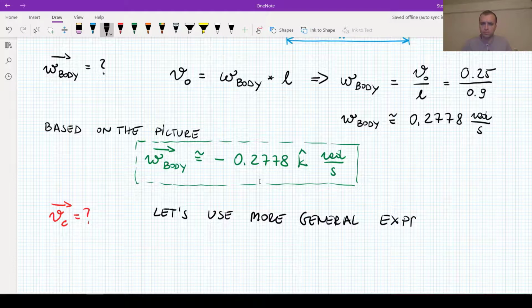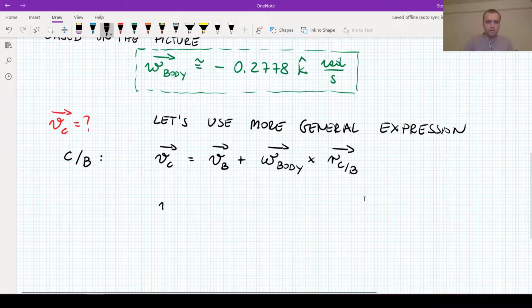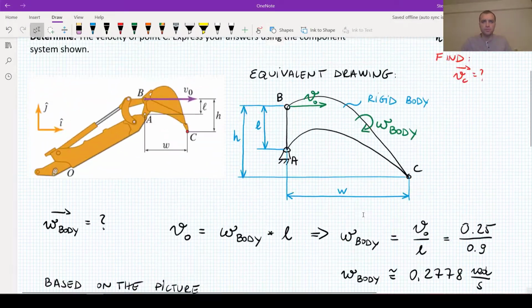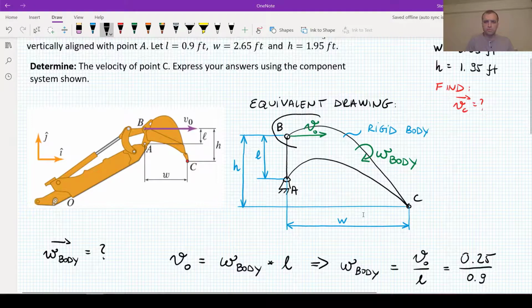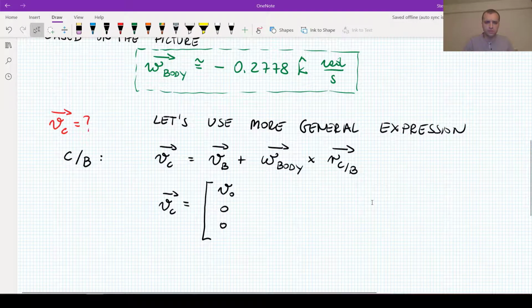For example, let us express velocity of point C with respect to velocity of point B. So I can write Vc is equal to Vb plus omega body times Rc relative to B. So our Vc will be equal to, I believe that Vb is pointing this way. So our Vb will be equal to V0, 0, 0.